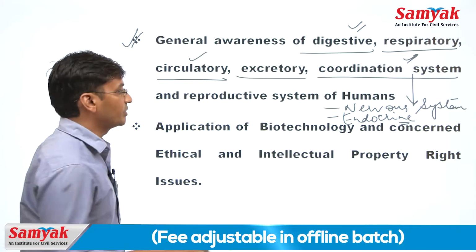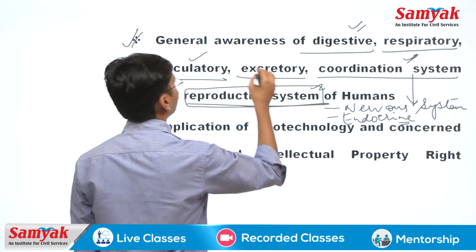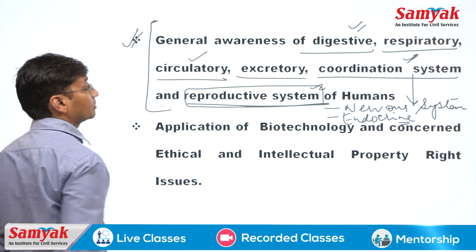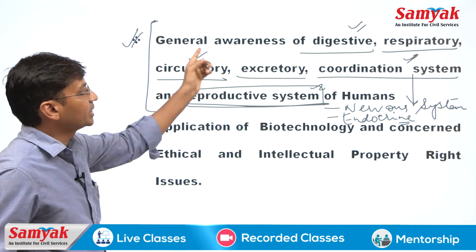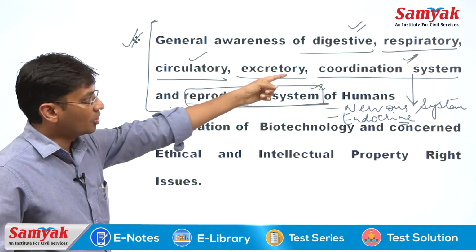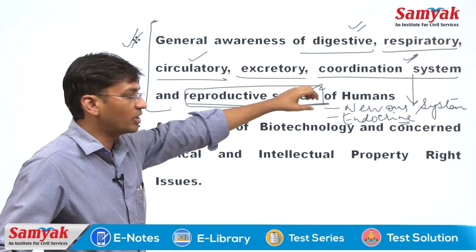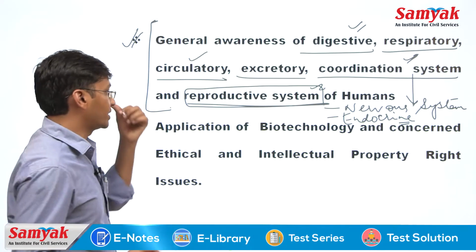And last, the reproductive system of humans. Okay. So, these all systems are included in our syllabus, that is the digestive system, respiratory, circulatory, excretory, coordination. In coordination two systems are involved, the nervous system and the endocrine system, and the reproductive system of humans.